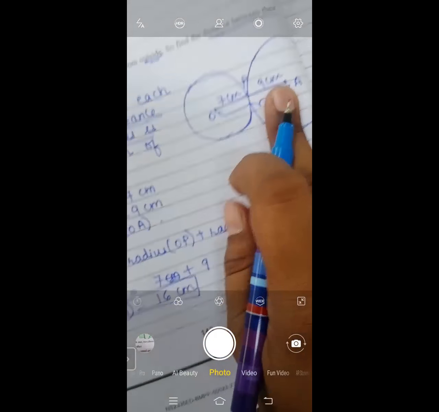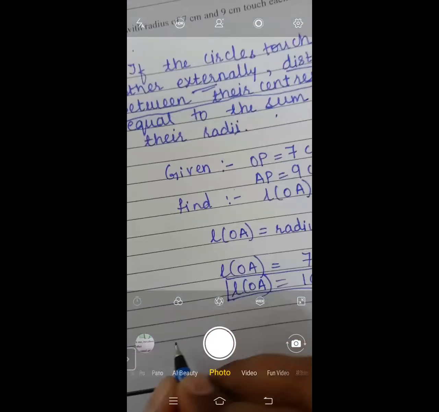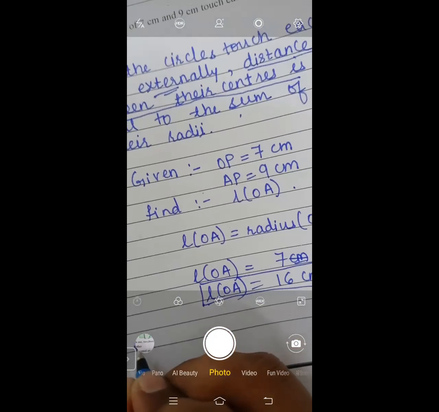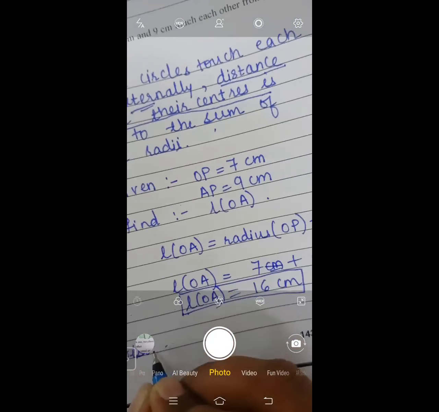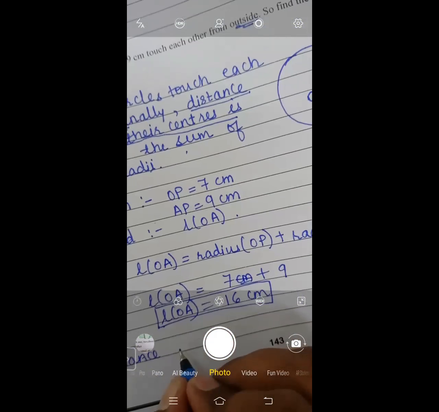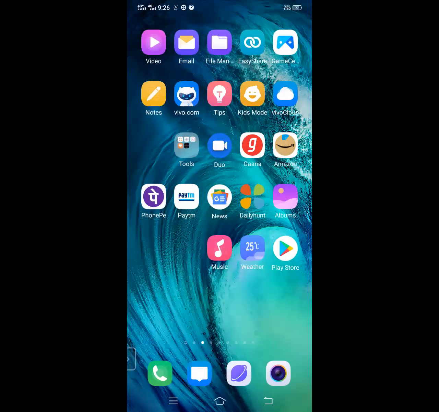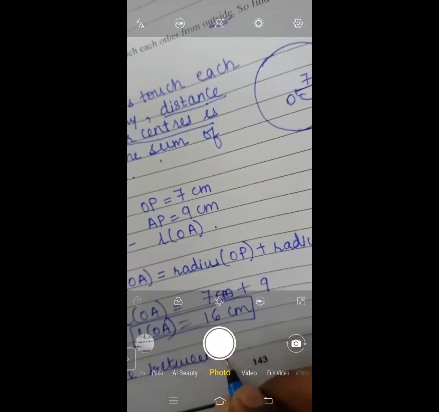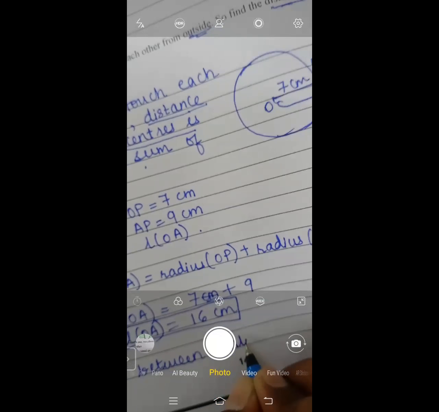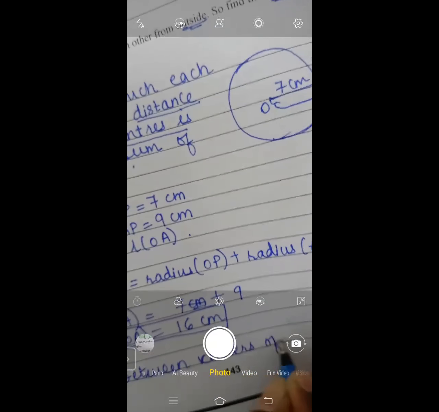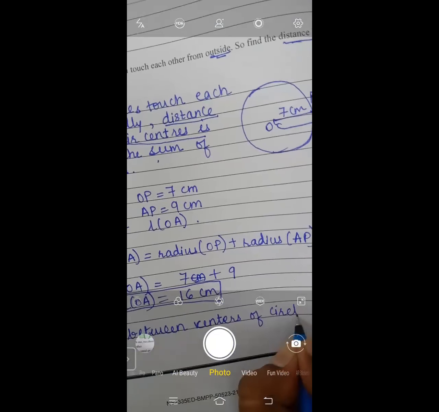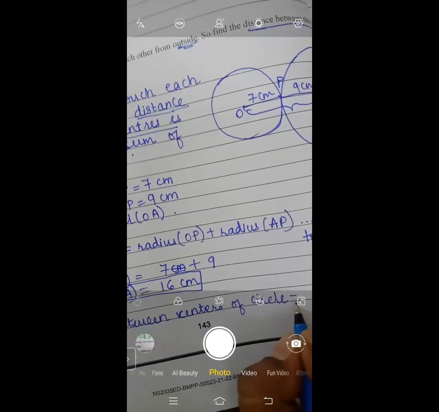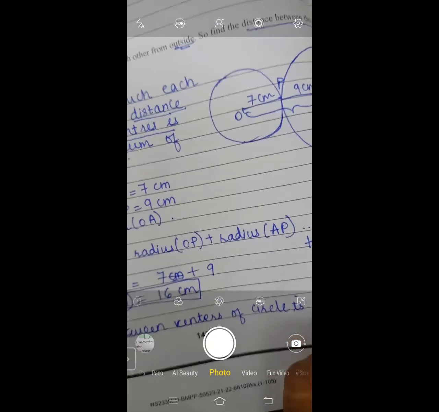So we will write that the distance between the centers of the circle is equal to 16 centimeter.